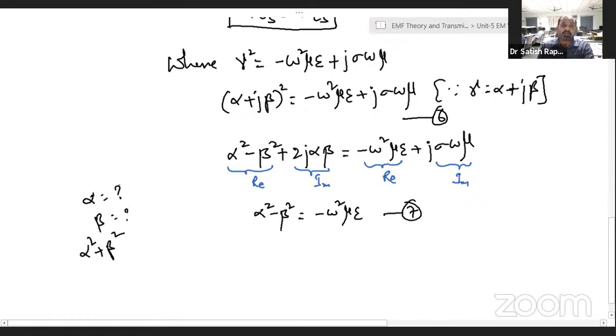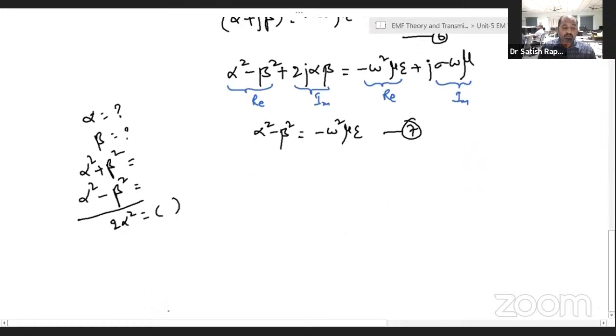If you add these two, you will get 2 alpha square is equal to something, and from this you will get alpha. And if you subtract these two, you will get beta. So addition will give alpha, and subtracting will give beta.